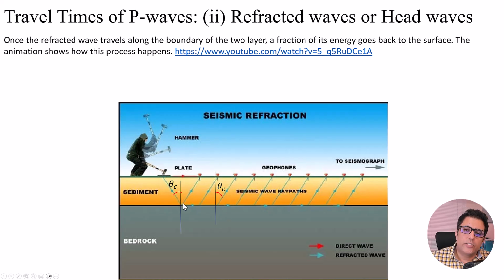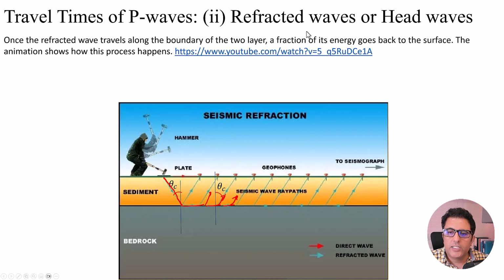And this is how we are able to record refracted waves. In other words, this is how the refracted wave travels, and at the same time, it radiates a fraction of the energy to the surface.